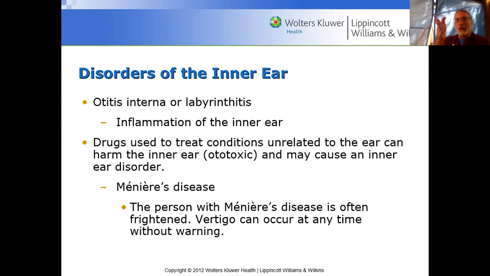Okay, so I got Bob, I got Joe. When I walk in and I talk to Joe, I'm speaking in a normal voice. Joe can hear me just fine. Both of them are receiving a drug that could be ototoxic. Who do I have to assess more closely for the ototoxicity?